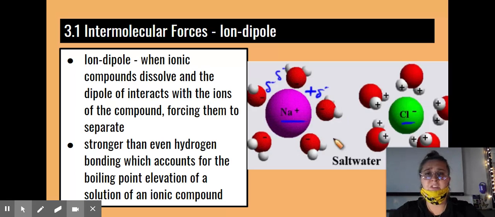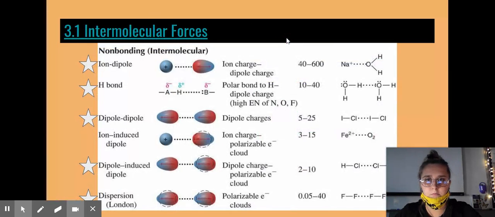This can be stronger even than hydrogen bonding, which accounts for boiling point elevation of a solution, which we're going to get to a little later on in this unit, so don't worry about that too much yet. Just understand that when you've got this ion and dipole bond, that can be your strongest type of force. It can for sure be stronger than hydrogen bonding, which is strong enough as it is. So let me roll on.